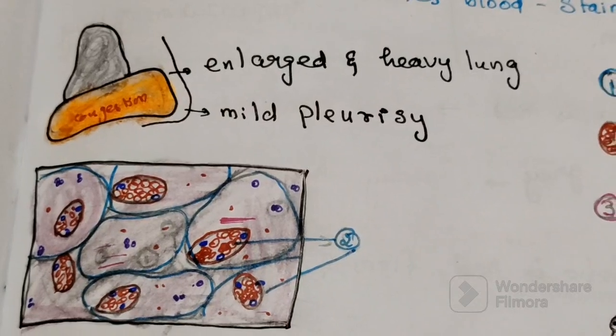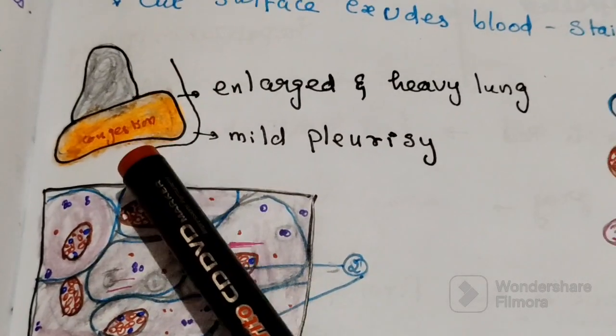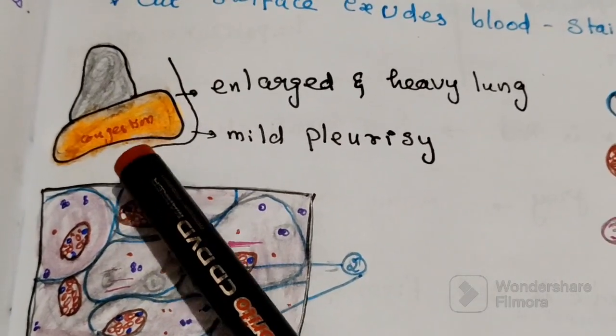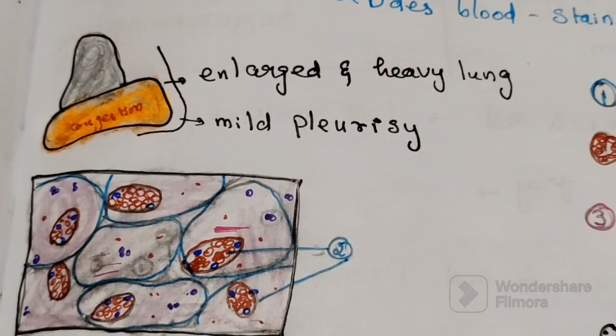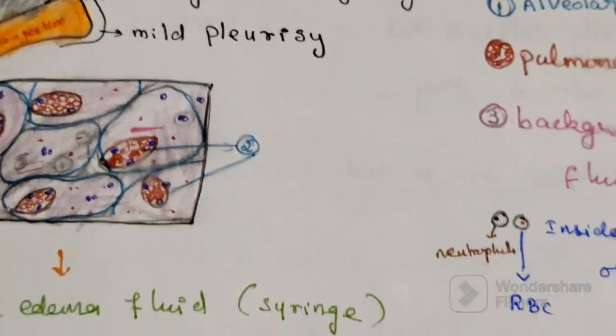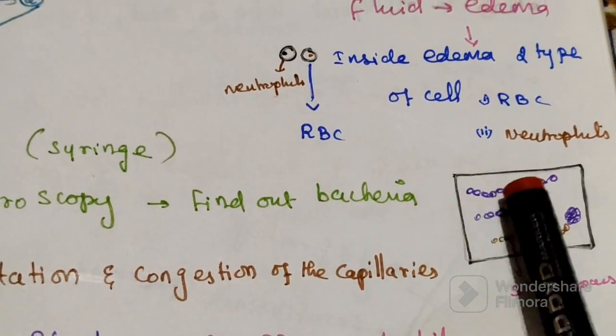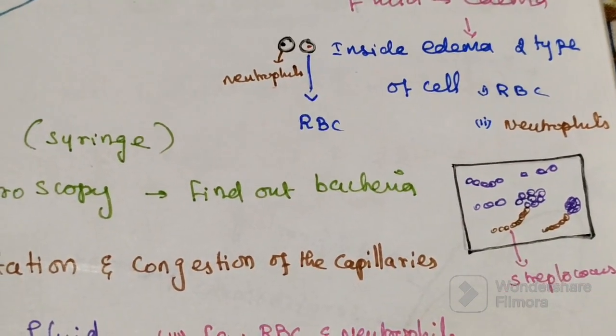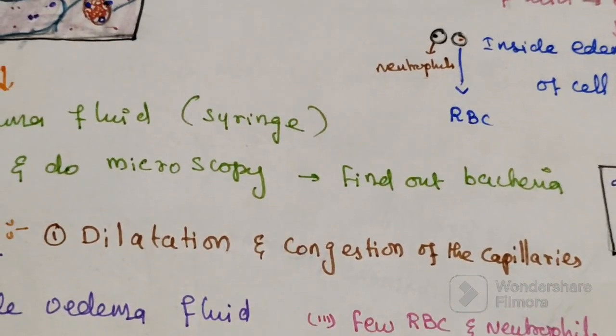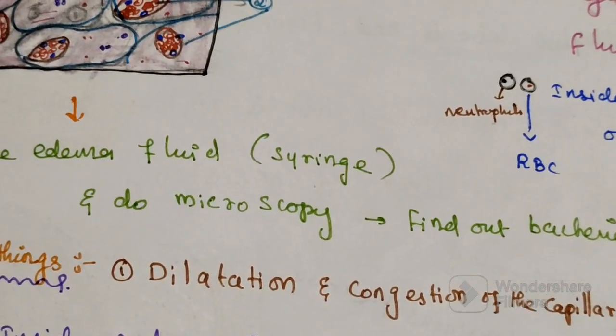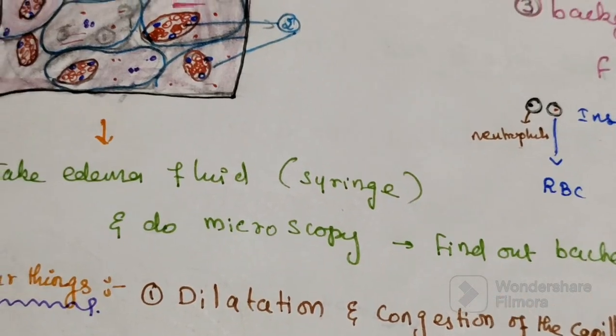By using a syringe, take out that edema fluid and do microscopy. You can find bacteria. What bacteria? In chains, so Streptococcus bacteria we can find. So stage 1 takes 1 to 2 days.